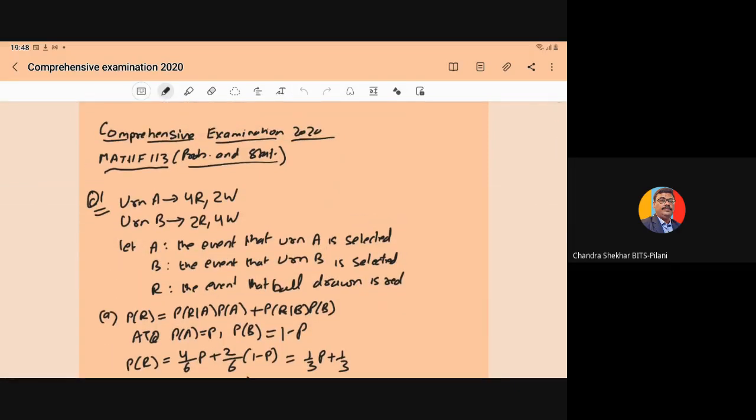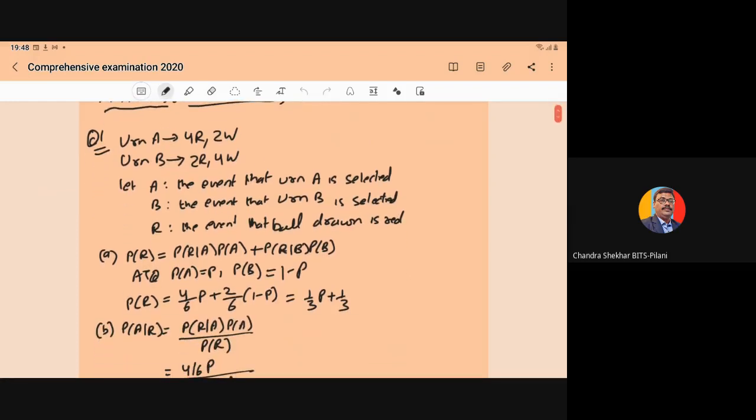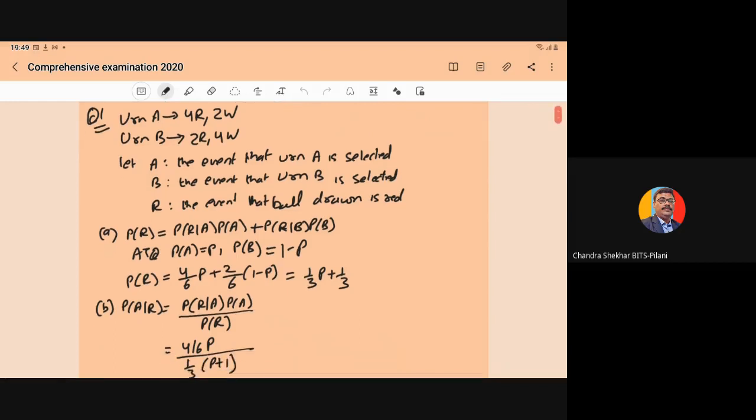As we have told in lecture or in tutorial, it is always necessary to define the event properly. So here we are defining the events. Let A be the event that urn A is selected, B the event that urn B is selected, and R the event that the ball drawn is red.